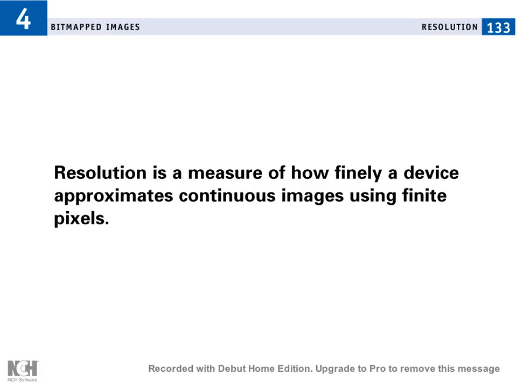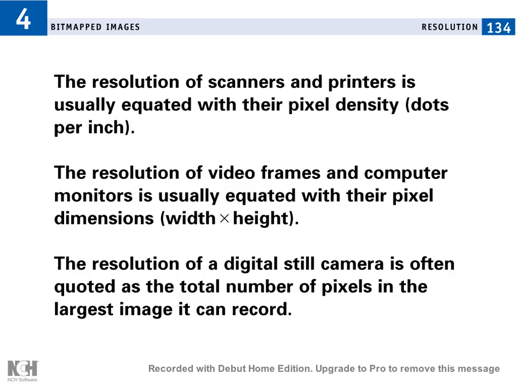So for example, the resolution of a scanner, they usually use such a metric, for example, dots per inch. It means in a small distance, we usually use the inch, for every inch, how many dots? You can treat it as a pixel.